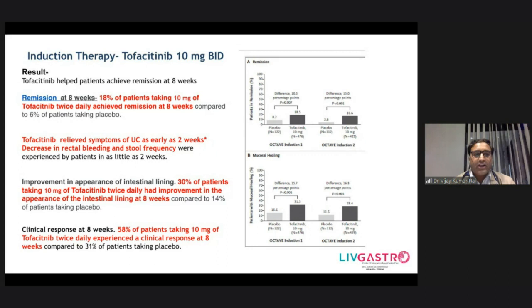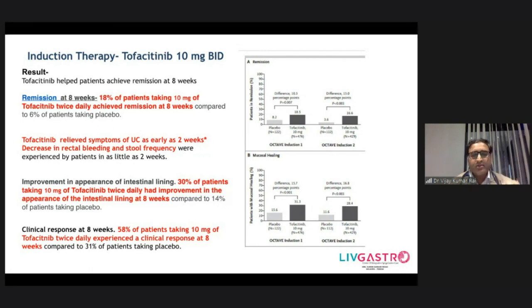Similarly, 30% of patients taking 10 milligram tofacitinib twice daily had improvement in the intestinal lining, and 14% in placebo. So you will be surprised that only 18% of patients achieved remission.